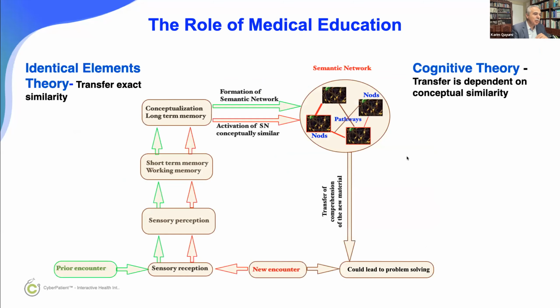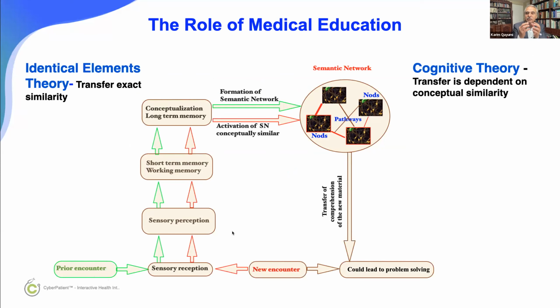So Hafting's theory is a little bit complex, but it's also very simple to explain. What Hafting was saying is that when we have a prior encounter, the first encounter, it goes through sensory reception, sensory perception, to short-term memory, and then to long-term memory. And then in long-term memory, the brain would form a semantic network that consists of neurons and pathways.